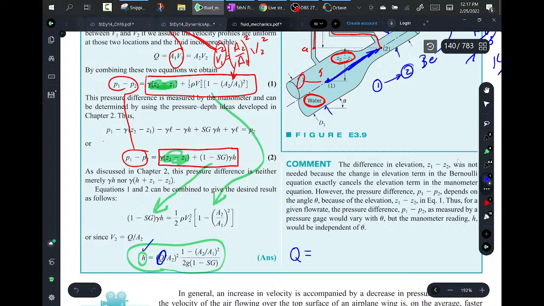So if you want to look at that, you would have H2 here. This might seem familiar: 2gH, 1 minus SG. So I took the 2gH, moved it over, then moved this underneath over there.